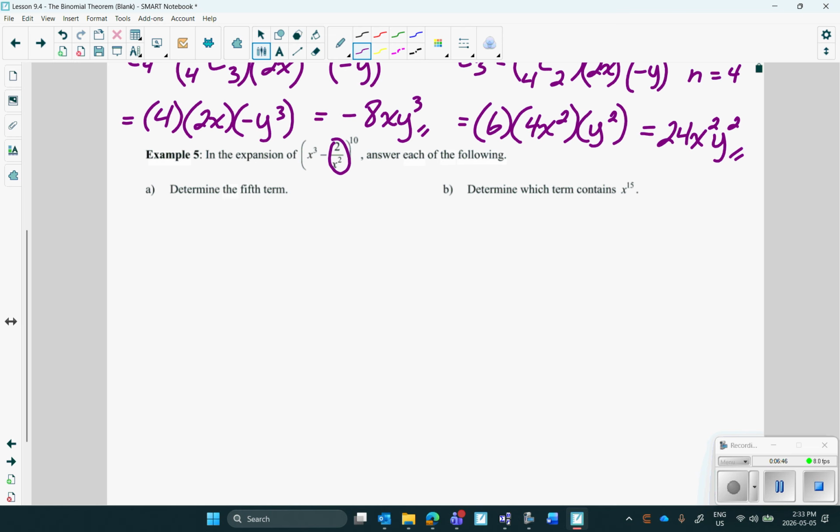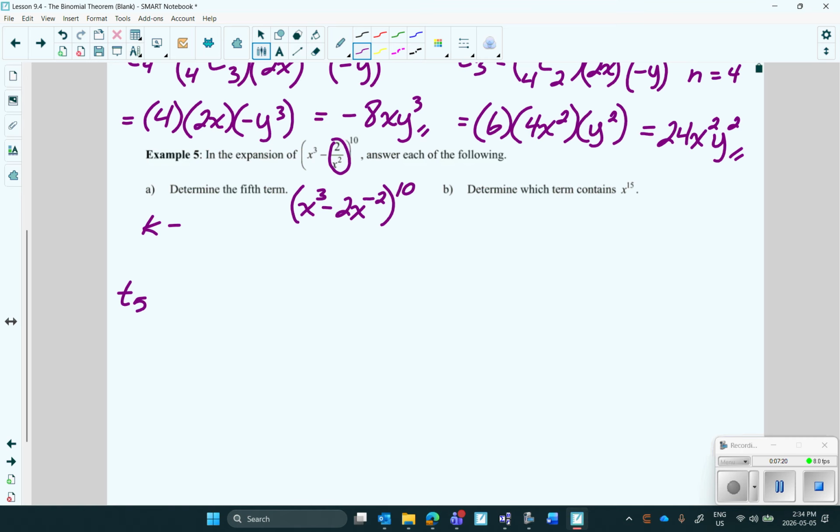How do I write that without a fraction? x squared minus 2x to the negative 2x. Okay, so that's how you have to change it. Whenever you see a fraction with the x down below, remember, you bring the x up, but because you're bringing it up, the exponent has to become negative. So now it's just the fifth term.